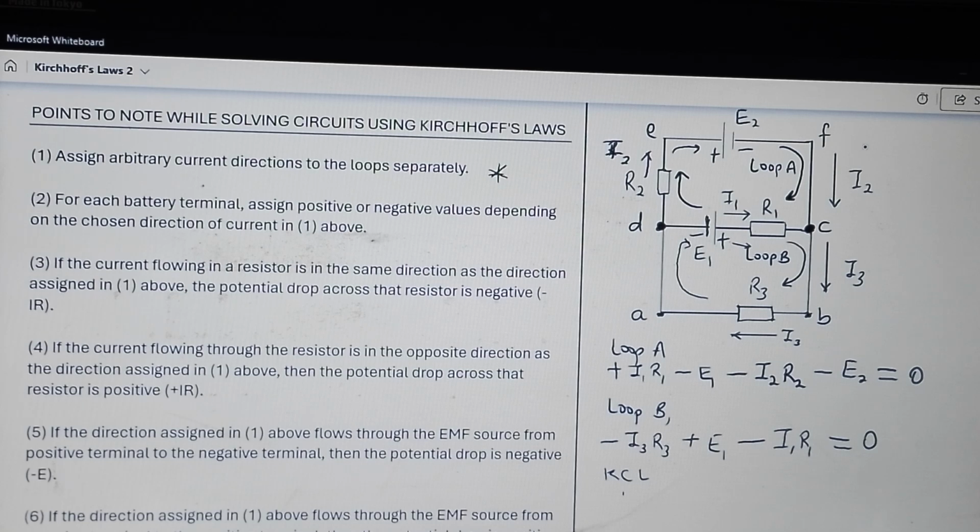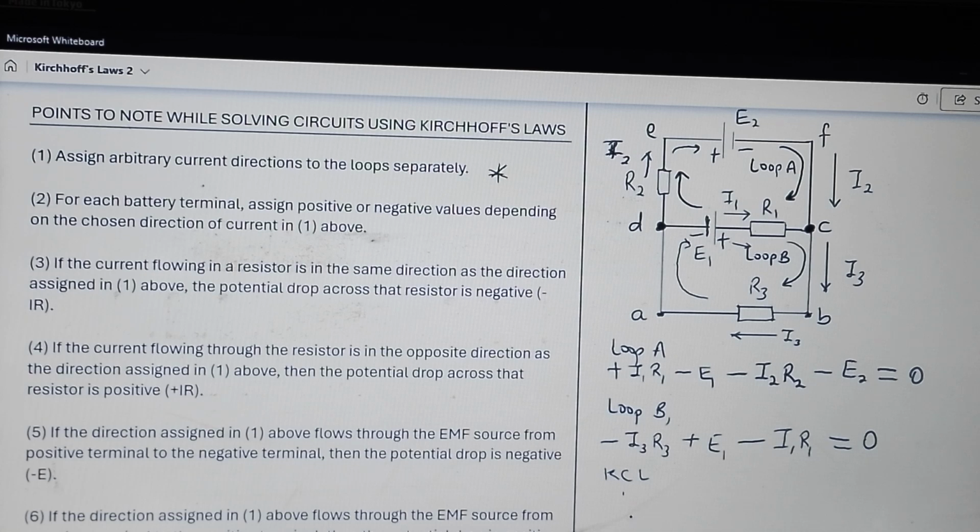And Kirchhoff's current law states that the sum of the current entering a junction is equal to the sum of the current leaving that junction. So if that is the case, which we agree, then how many currents are entering the node C? Two of them, I1 and I2, are entering while I3 is leaving. So it implies that I1 plus I2 is equal to I3.